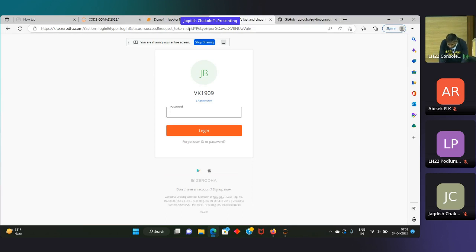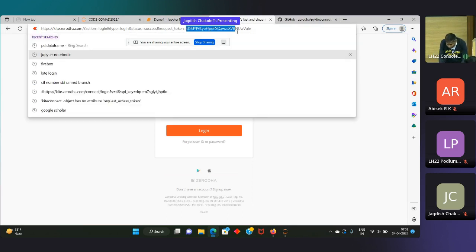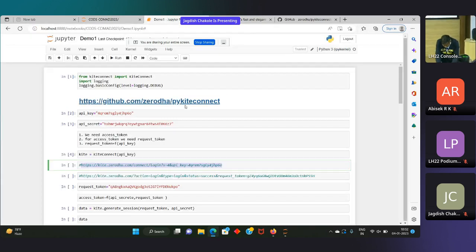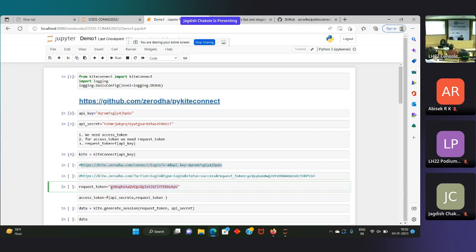So now I got my request token. This is my old request token. Now I am changing it.